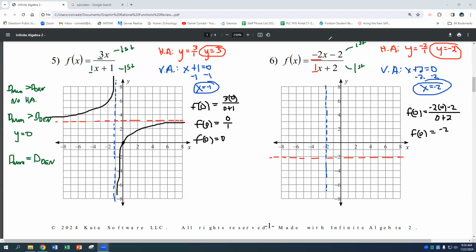Maybe I should write that out. 0 minus 2 over 0 plus 2, which is going to give me -2 over 2, which is -1, which is right here. So when I graph this, it's going to come down through -1 and then look something like this. And it's going to look something like this. Okay, that's 6.